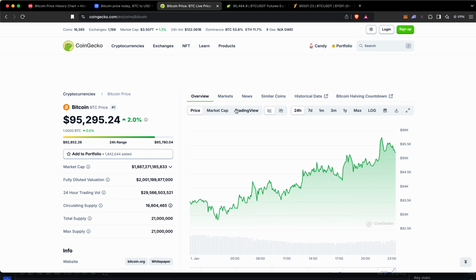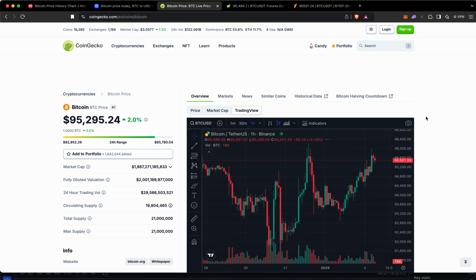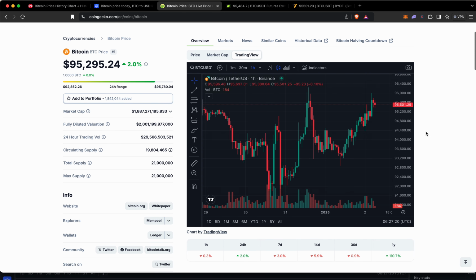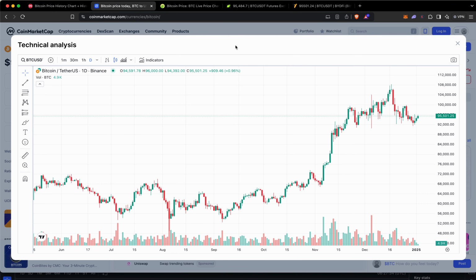They have the TradingView window available here. I don't know if you can make this one bigger or not, but the one on CoinMarketCap you can. Anyway, just a couple of things.